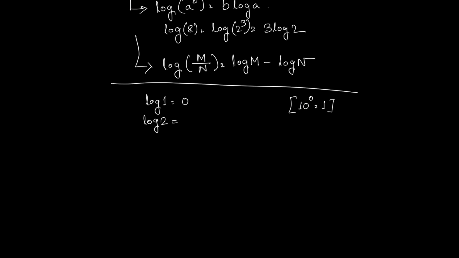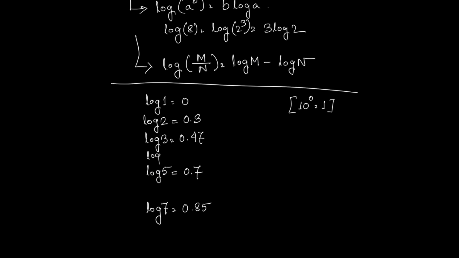Log 2 is 0.3. Log 3 is 0.47. Log 5 is 0.7. Log 7 is 0.85. Others we can derive on our own.